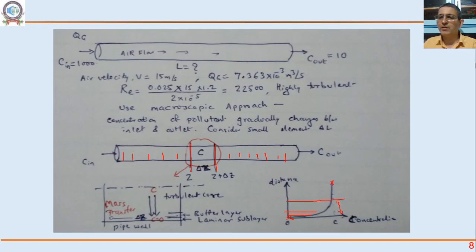So visualize all this. Let's say this is our pipe. We are looking at the cross section, right? This is our boundary layer, the laminar or viscous sublayer. Don't worry about the value of that boundary layer. Just imagine that in the bulk of the pipe, concentration is almost constant. Let's say the concentration somewhere here is 500.